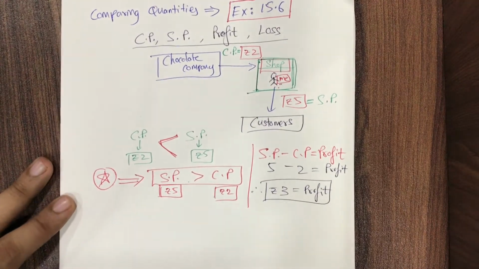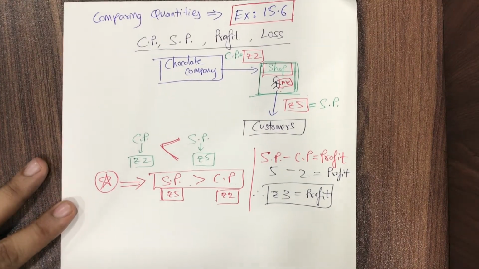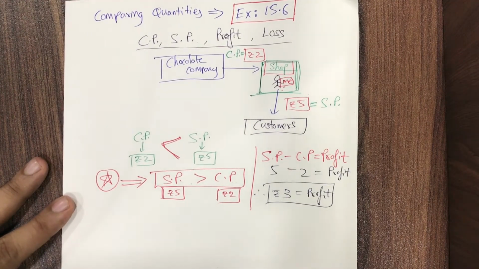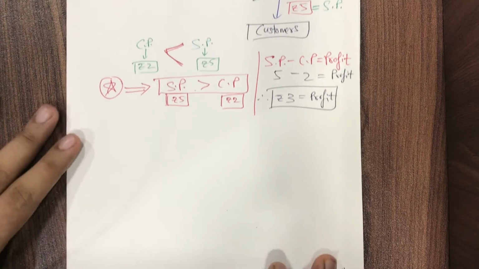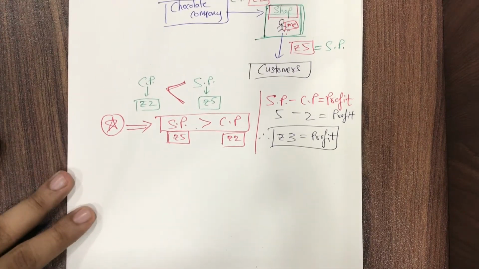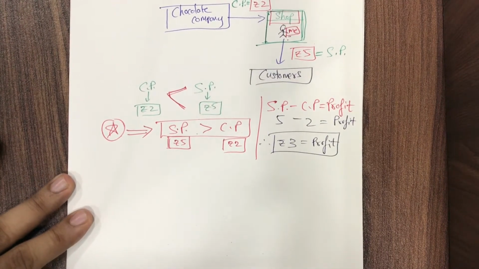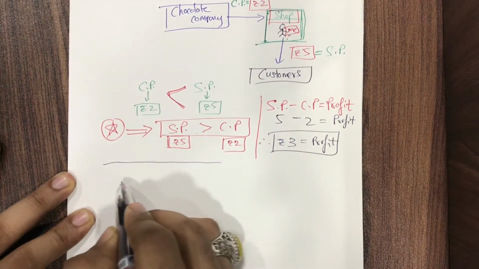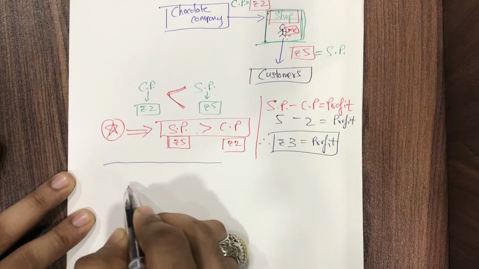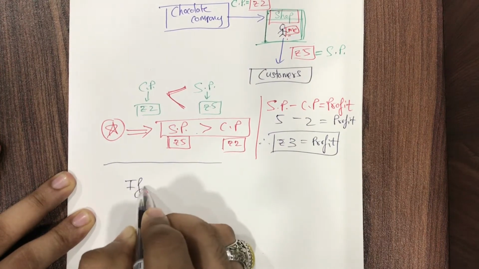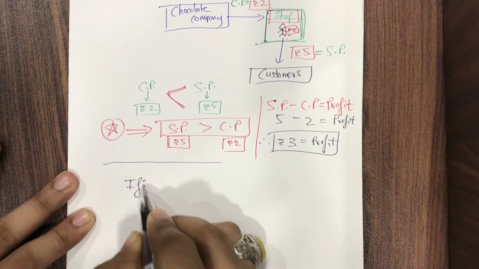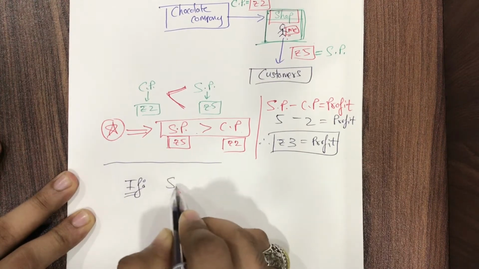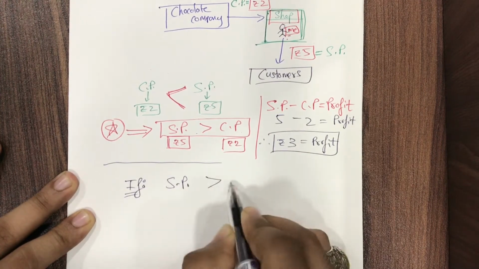So students, to conclude our discussion, what will you see always in such type of questions, students? Just pay attention, please, all of you. To conclude our discussion, the first thing I will give you here is, if the condition, selling price is greater than the cost price.